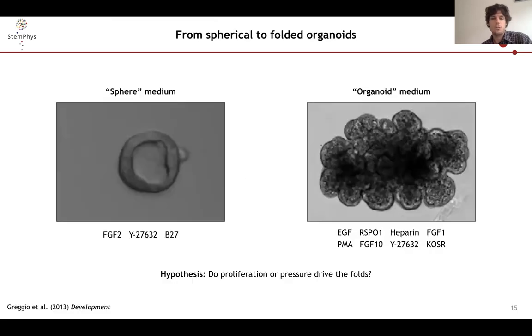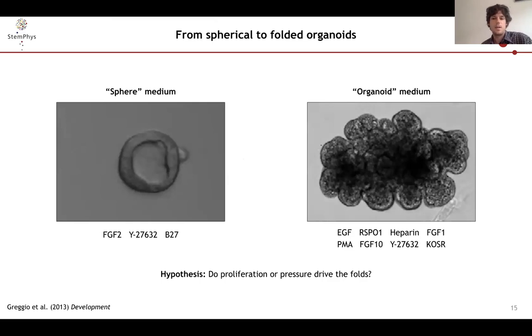Together with our collaborators, we got a paper out a couple of years ago where they studied pancreatic organoids. In one medium, they find these organoids grow spherically all the time. That's what you see on the left, just an expanding organoid with a cavity inside.